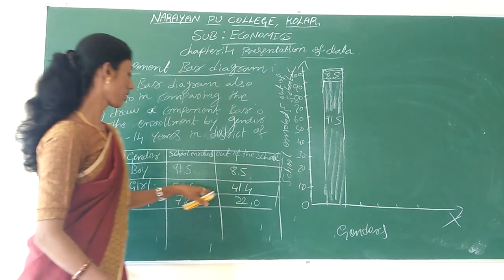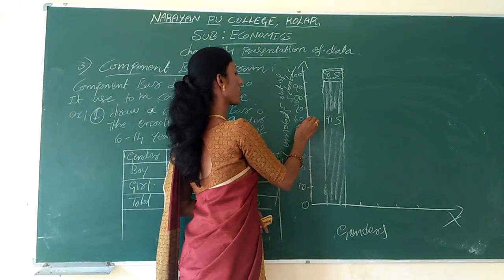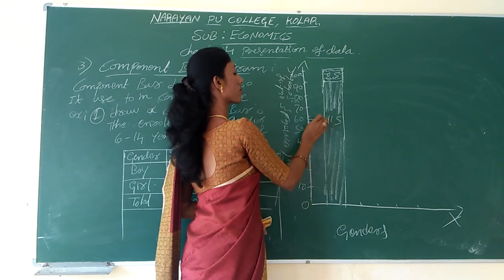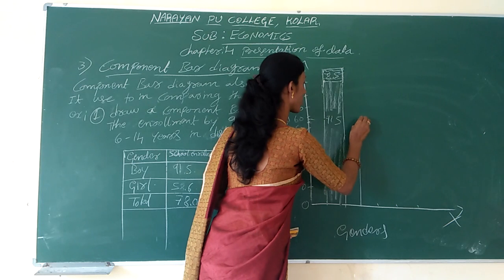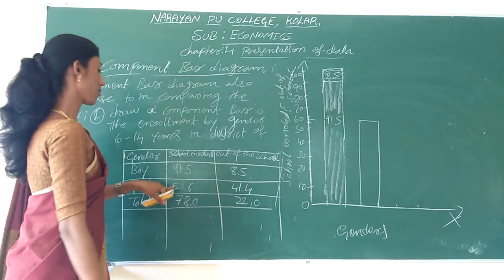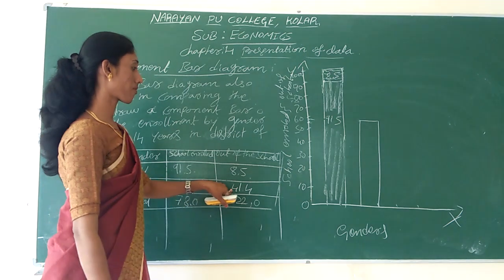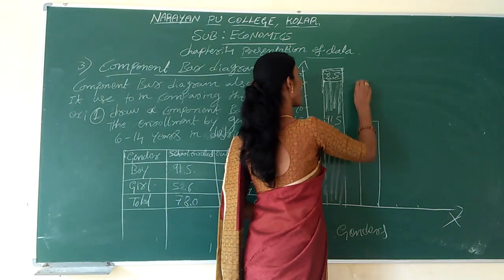Next, girls, 58.6 school enrollment. From 58.6, adding 41.4 will take it to 100.